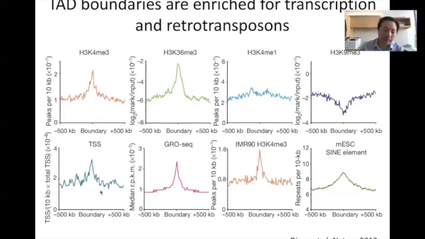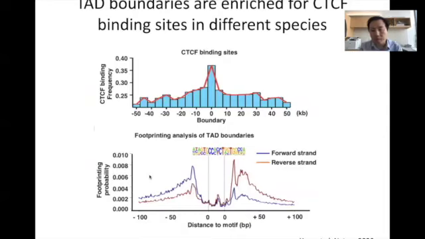Besides transcription and SINE elements, we observe the enrichment of CTCF, right? CTCF is an important protein. It was discovered 20, 30 years ago, initially as a repressor. Later on, people showed CTCF can potentially act as an enhancer.